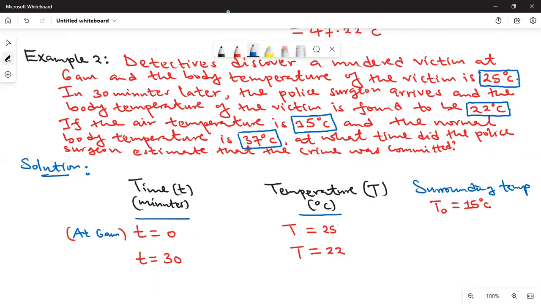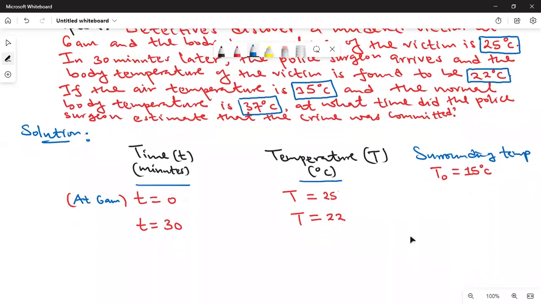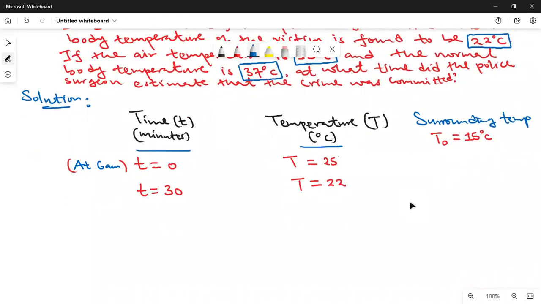We want to know, when was the temperature equal to 37 degrees centigrade? So that's the question. If the temperature is 37, when was that time? T is equal to what? That is the question that you need to ask yourself. So now we can solve it.